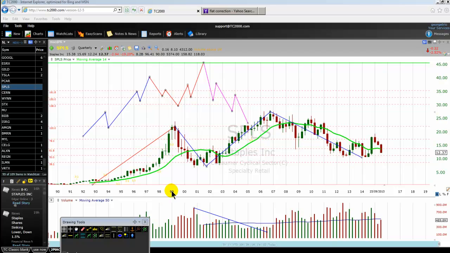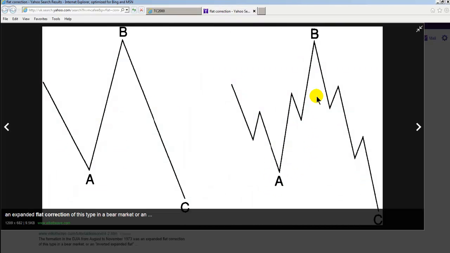The internal waves of the Elliott wave flat correction are 3, 3, 5. Here is one example that I got on Google. You see here, price went down 1, 2, 3. That's the first 3.